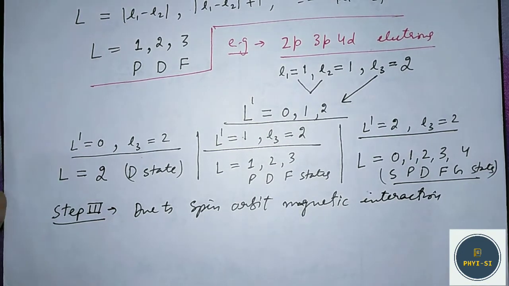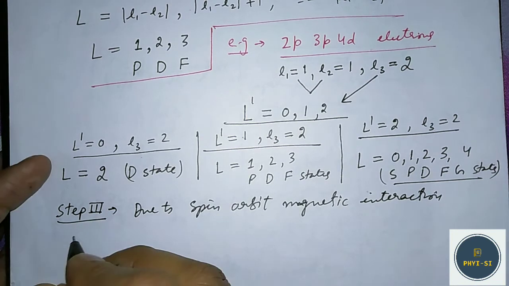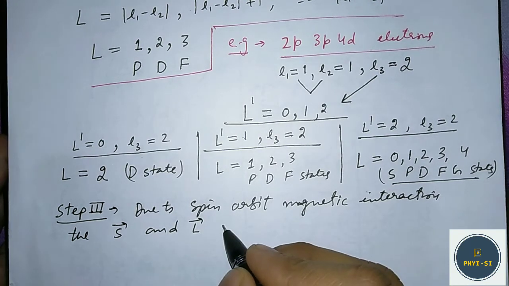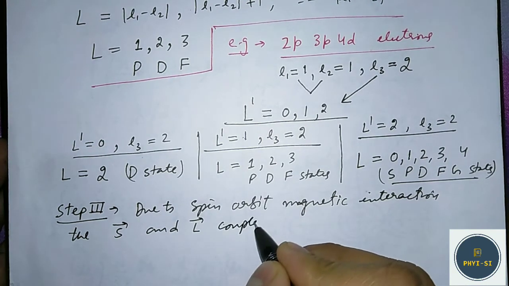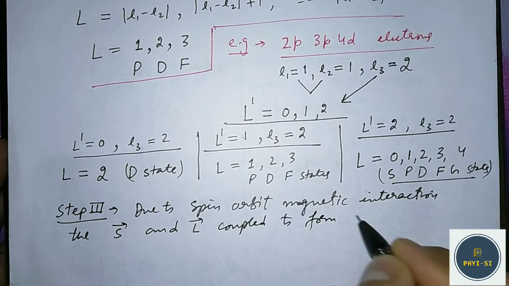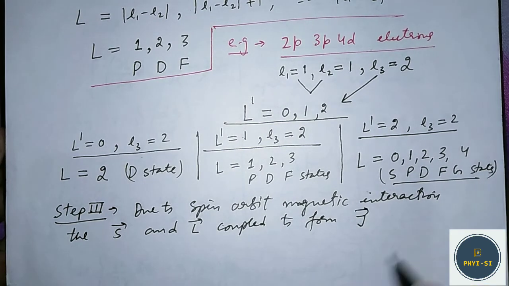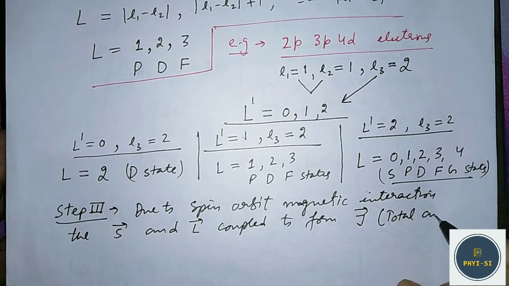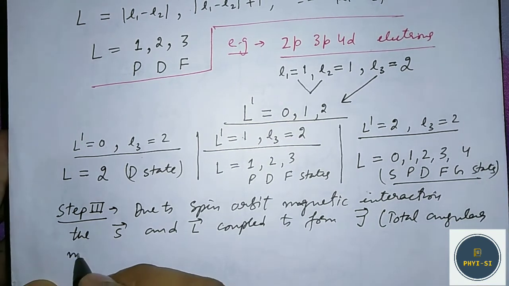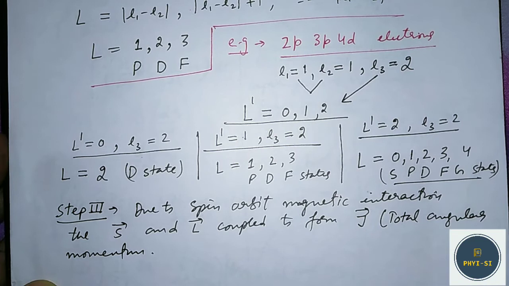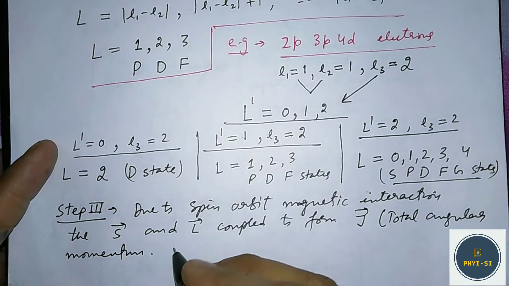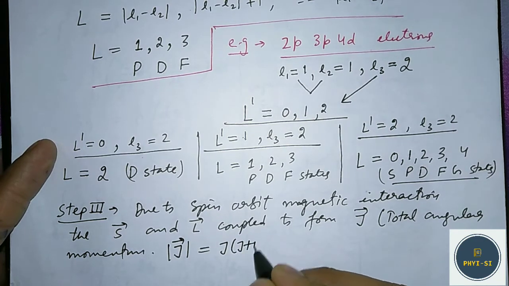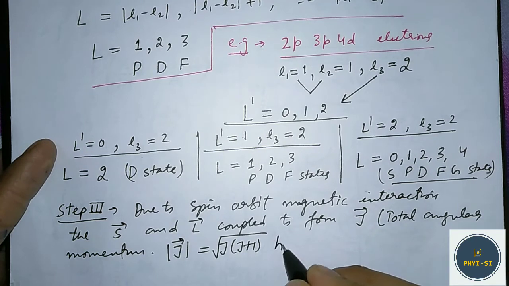The S vector and L vector couple to form the J vector, which is called the total angular momentum, and whose magnitude is given by the square root of J into J plus 1, times h cross. Okay, this is step 3.